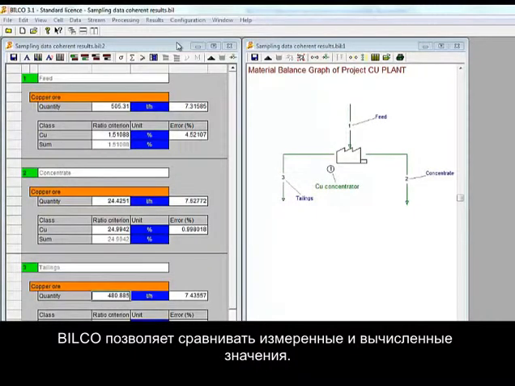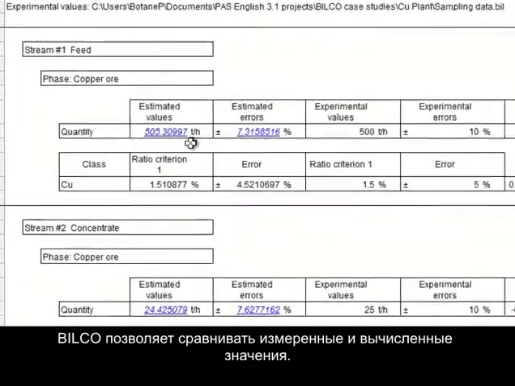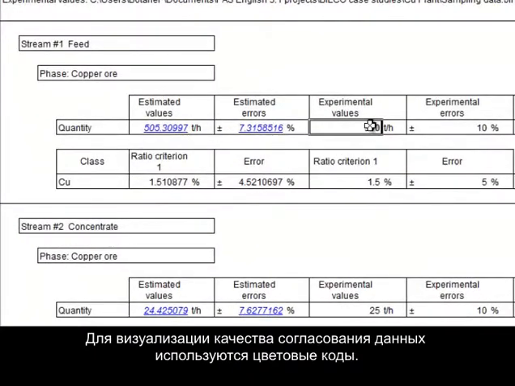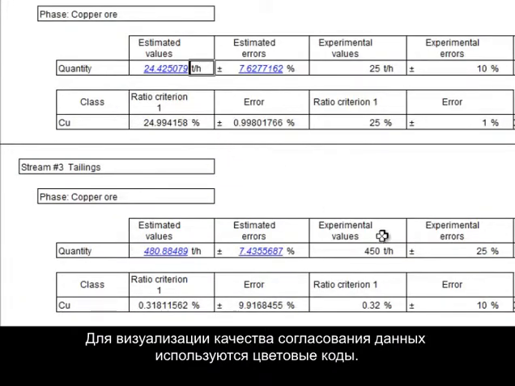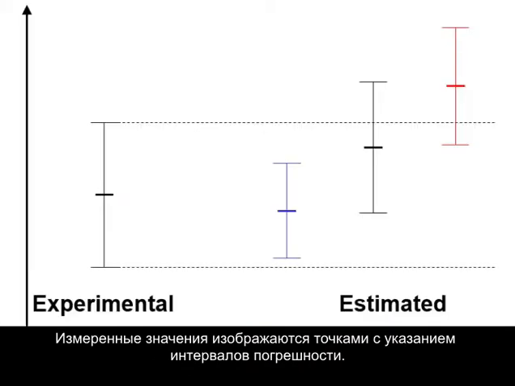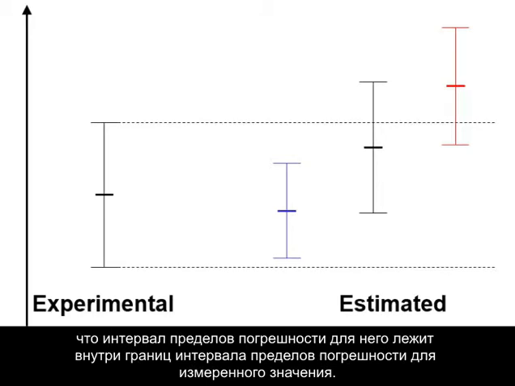A BILCO tool presents the comparison between the measured and the estimated values. A color code helps the user to identify the quality of the data reconciliation. The measured data is represented as a point and its error range. If the estimated value is blue, it means that the level of confidence of the estimated value is inside the level of confidence of the measured value.